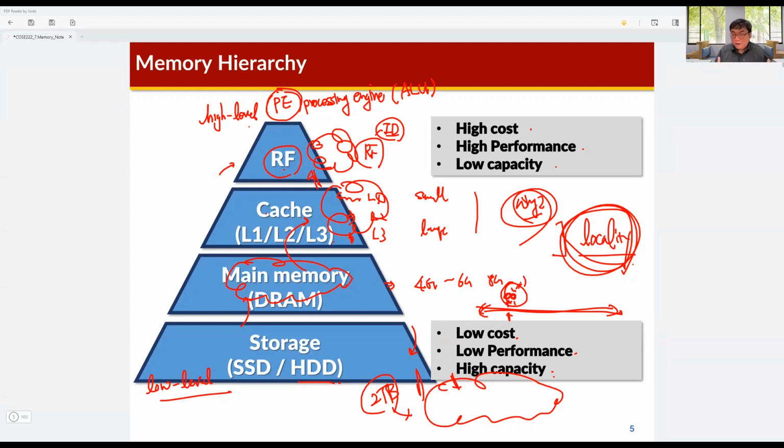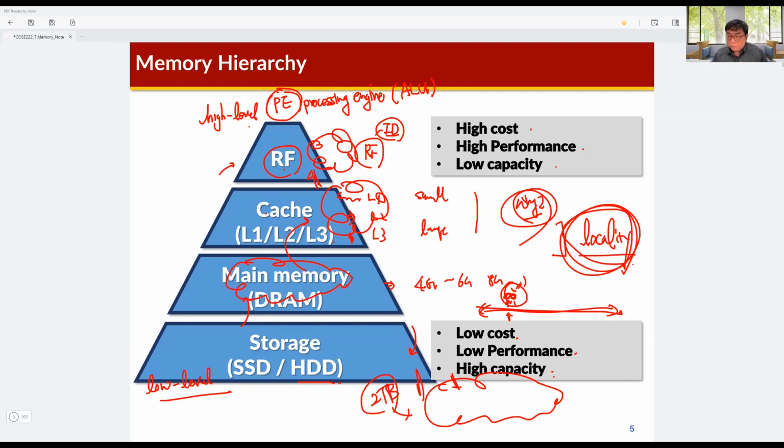So the memory hierarchy is designed for making use of locality observed in our normal applications. I said normal applications, because some applications do not exhibit this locality, but usually normal applications exhibit data locality. Then the memory hierarchy is designed for making use of this locality. Just remember this property of the memory hierarchy.